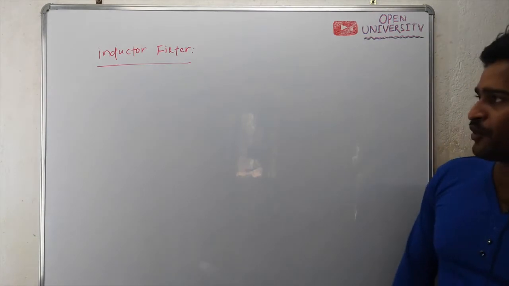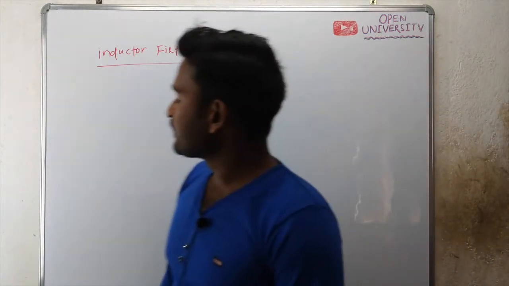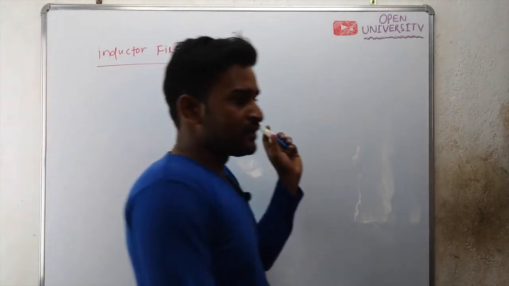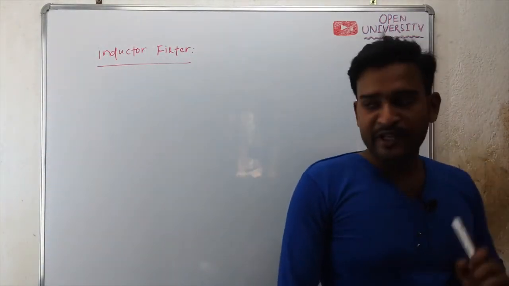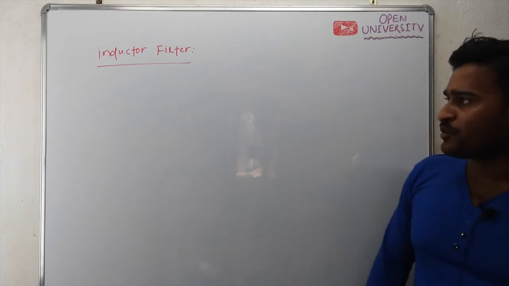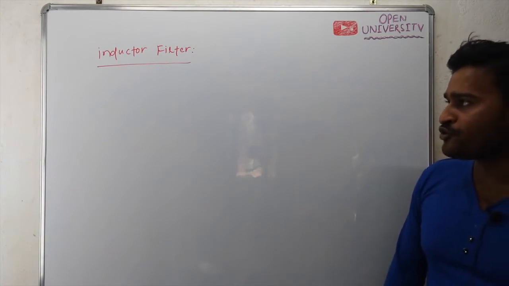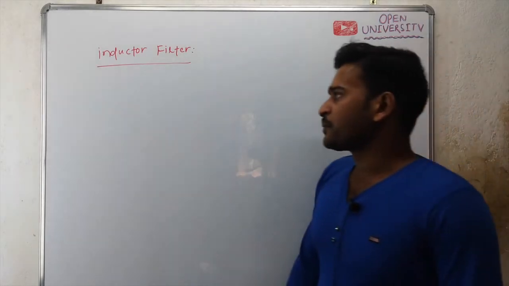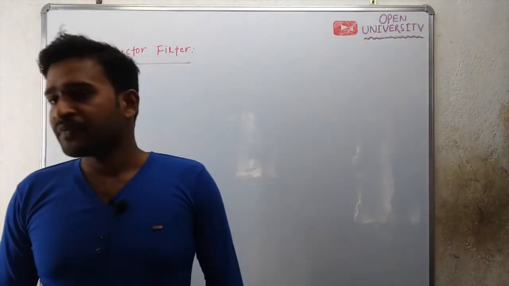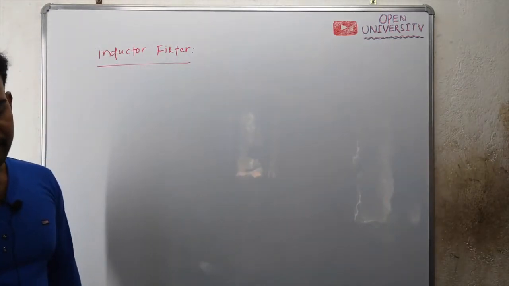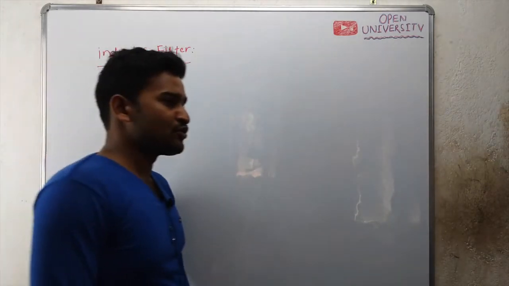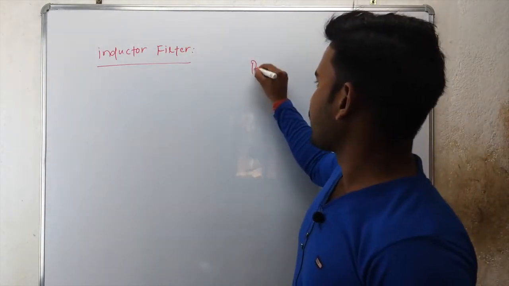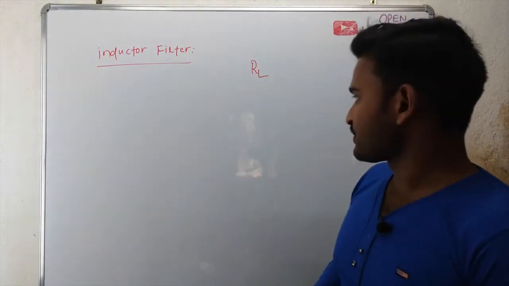Okay, so take one point. Under inductor filter, AC components can be removed or reduced by connecting a large inductor in series with the load resistance RL.